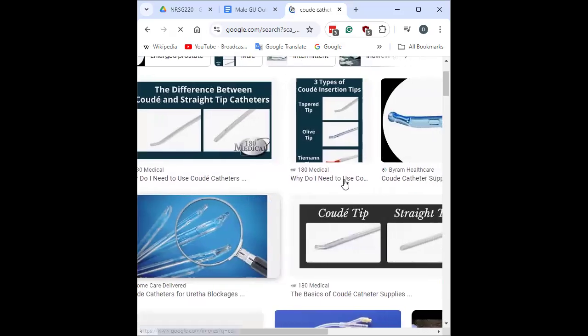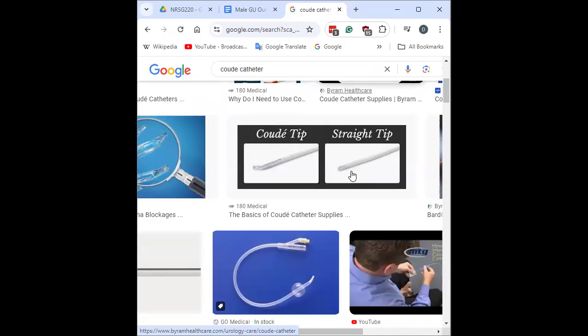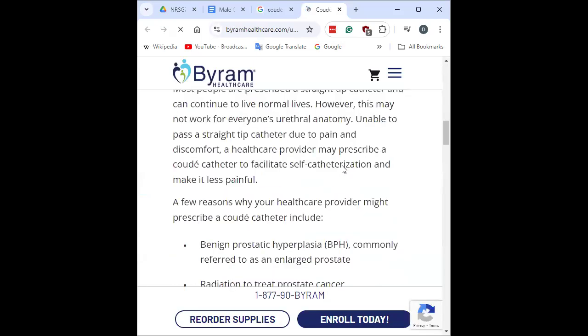Does it look like an elbow? Maybe. It's slightly curved, it's got a slight curve here. This is actually the exact picture I gave you guys during that time. You can see the straight tip versus the curved.